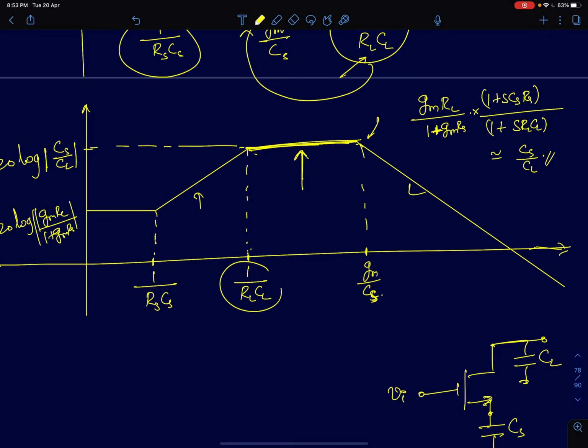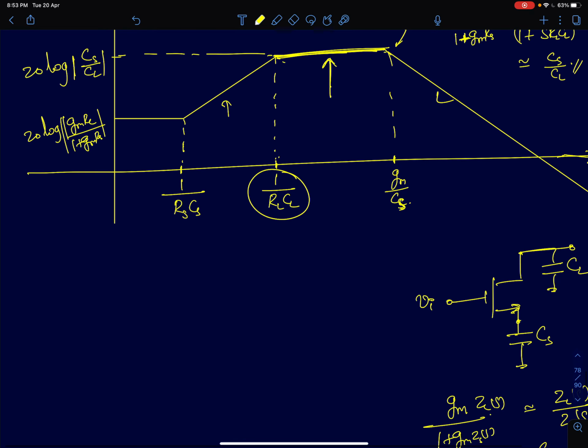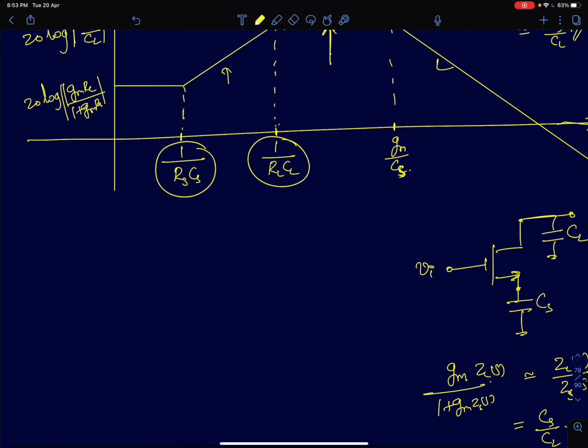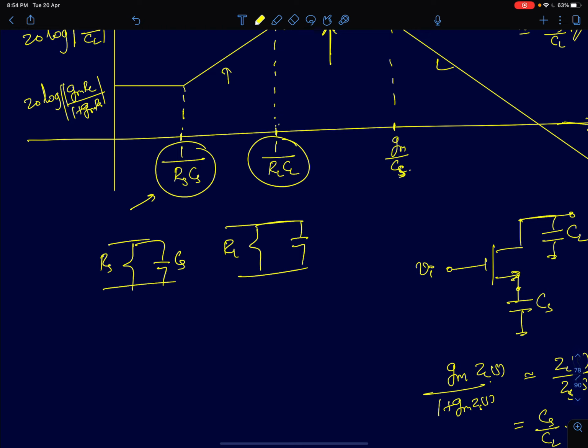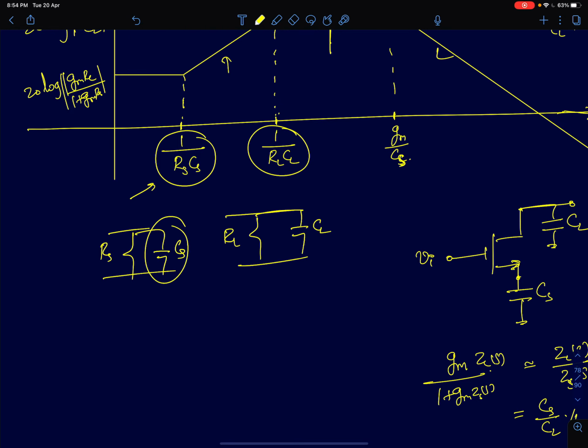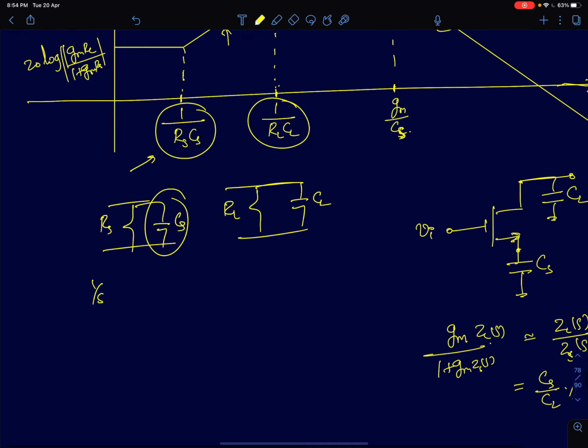Since we have already crossed the point of 1 by RLCL, and we have also crossed the point of 1 by RSCS, you should understand that I have two impedances in parallel, a resistor and capacitor in parallel, RS and CS in parallel, RL and CL in parallel. So the capacitive impedance here is given by 1 by SCS.